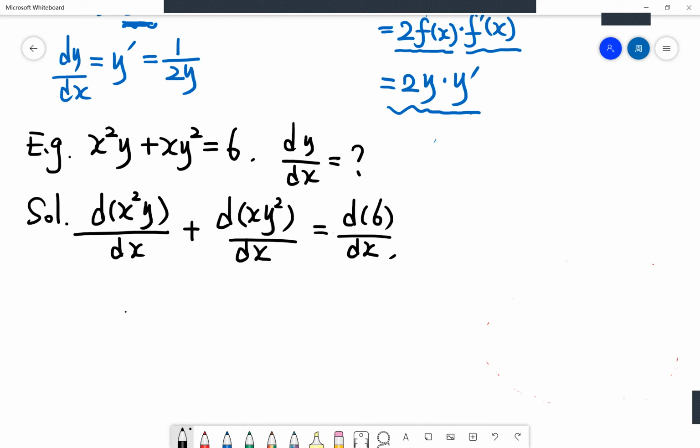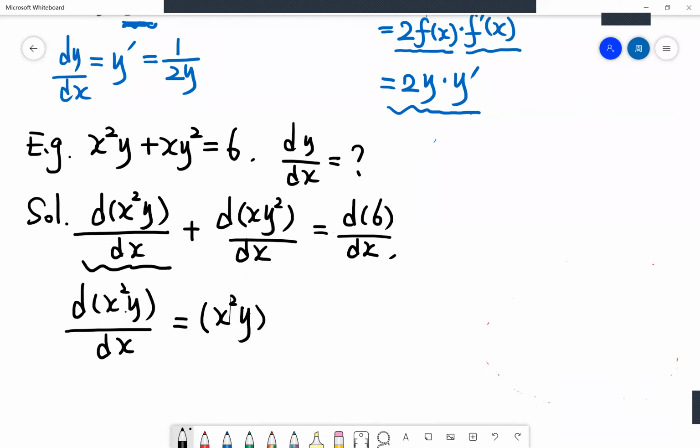We calculate part by part, first this part, d of x squared y by dx. To make it clear, we write the prime here: (x squared y) prime.